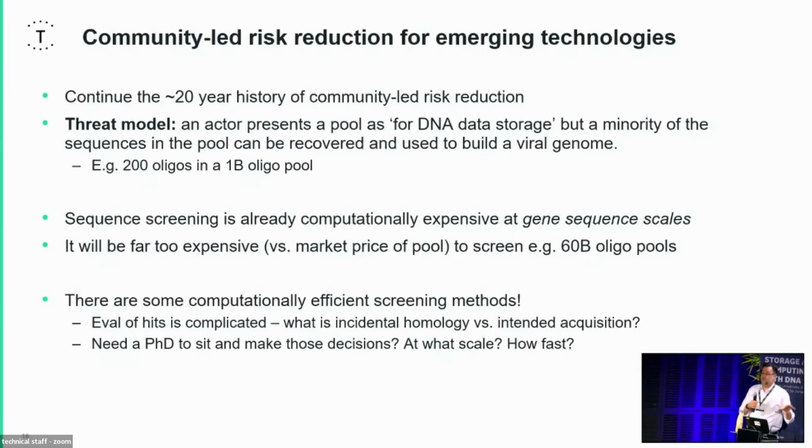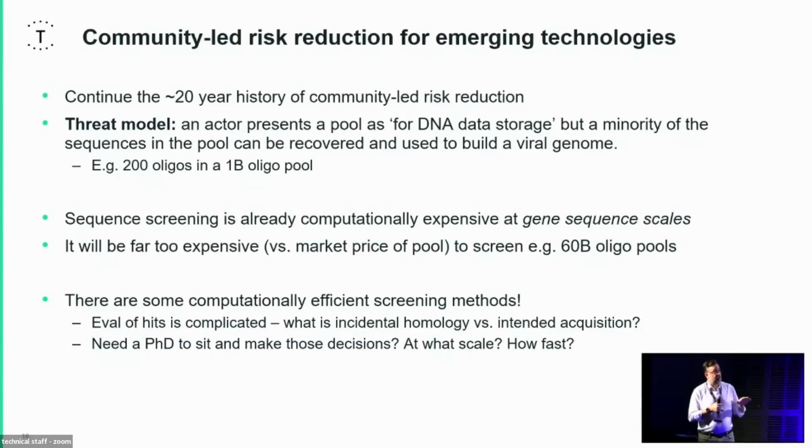And then how do you build confidence with regulators that you've put all these systems and practices in place to make sure that the technology is not going to be misused? Part of the issue, even at gene synthesis scales, which are way smaller than the number of unique sequences you'll need for DNA data storage, is that sequence screening is expensive.